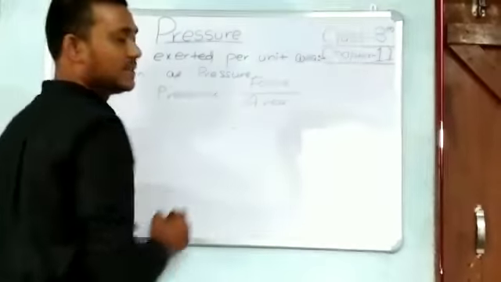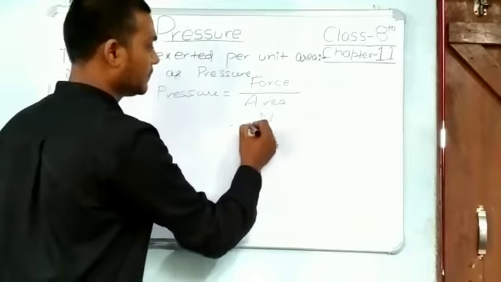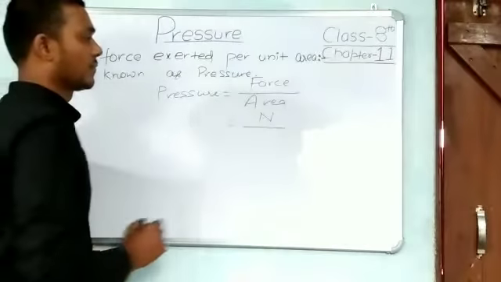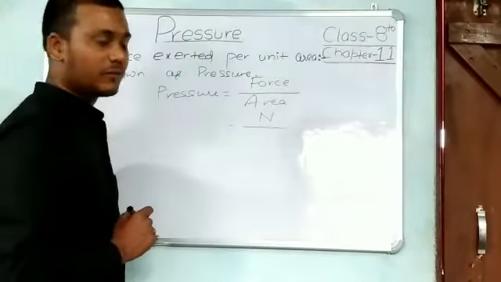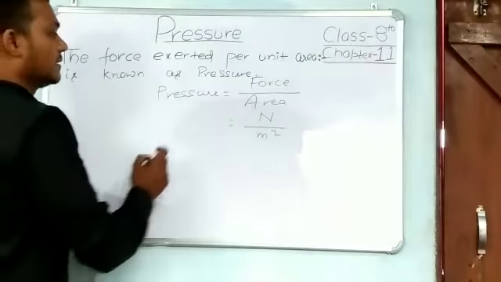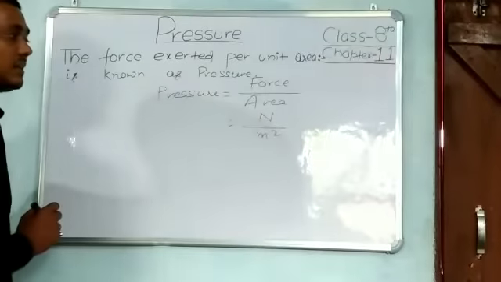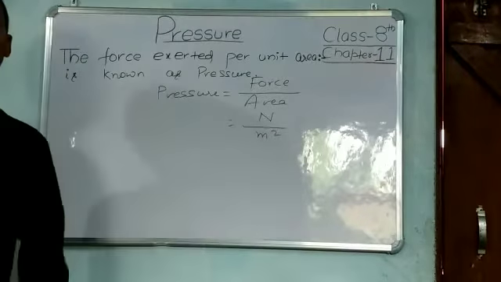We know that the SI unit of force is Newton, and the SI unit of area is meter square. Then the SI unit of pressure is Newton per meter square.